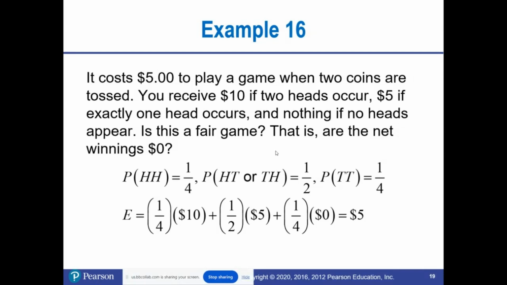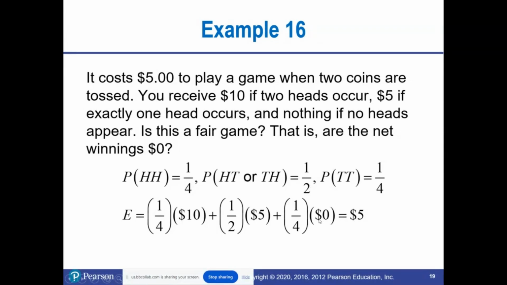And then there's a 1/4 chance that you'll toss 2 tails. And if you toss 2 tails, then you end up with nothing because you have nothing if no heads appear. So 1/4 times 0.